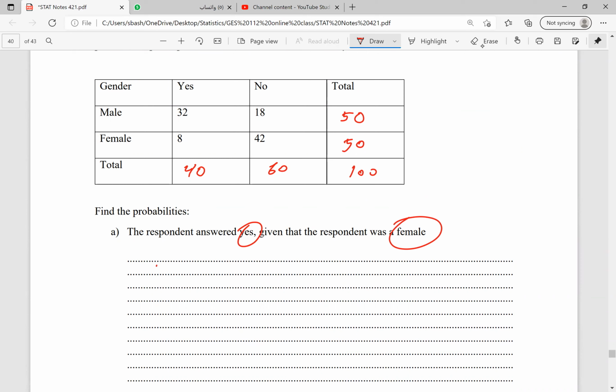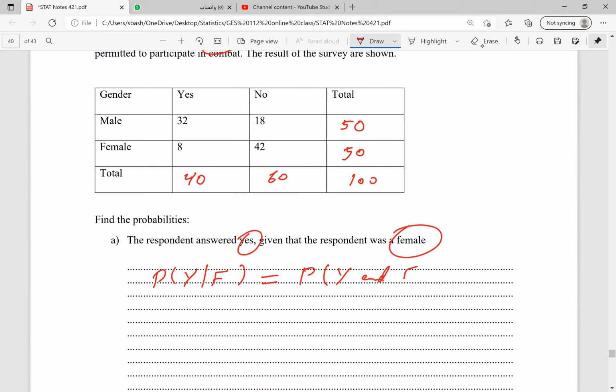So I need to find the probability of getting yes, given that the respondent is a female. So this is equal to P of saying yes and female divided by the probability of female.